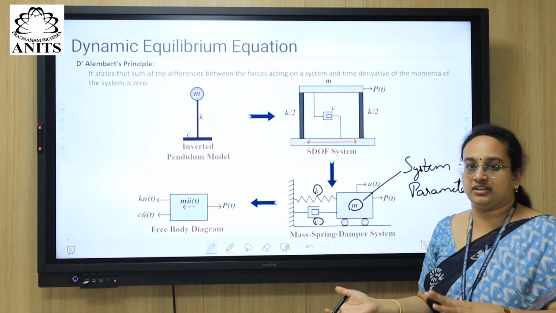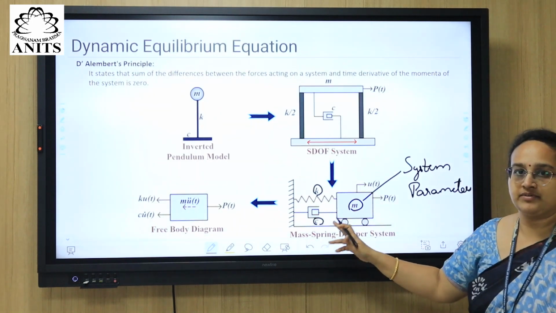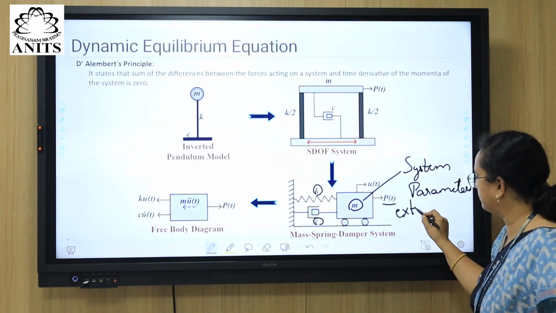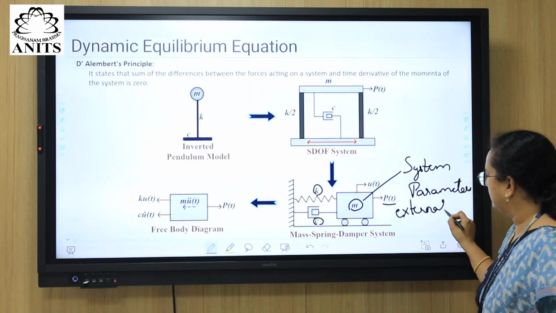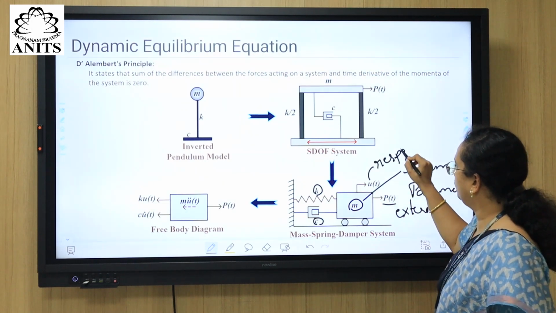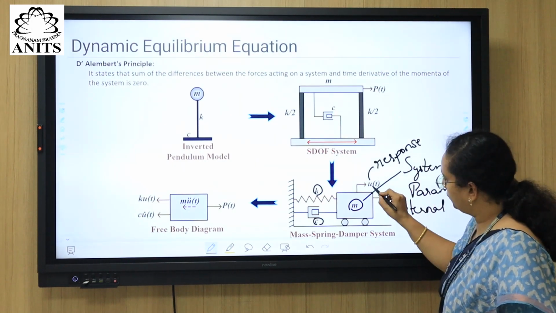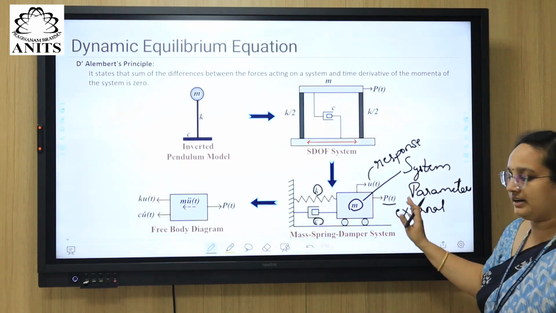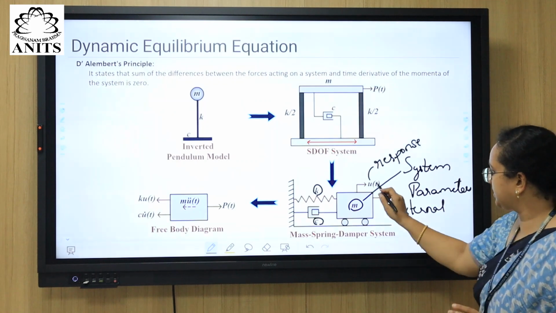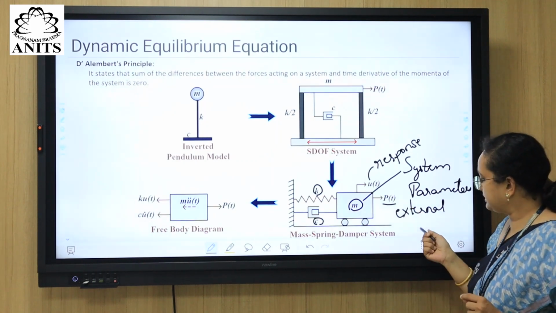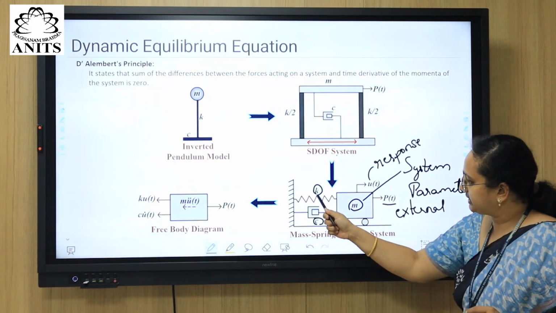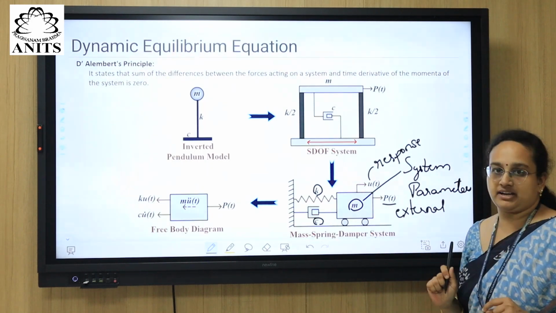If the system is changing, these three parameters vary. Okay? Now force is coming from external sources. And this is the response, U or displacement. This U also includes rotation, that is a little complicated, but let us talk about U, which is the displacement side, which is varying with time. Now P is the external load, U is the response, M, C, K are called system parameters.